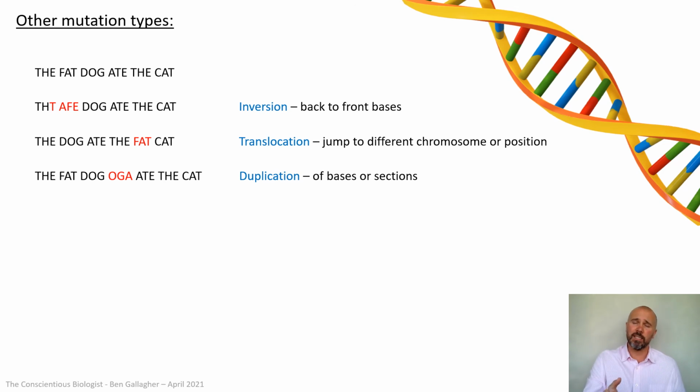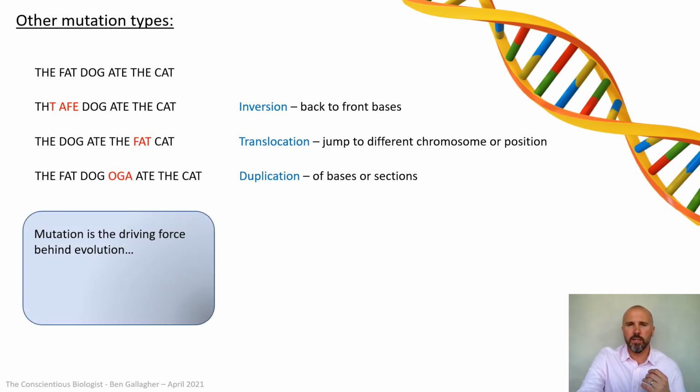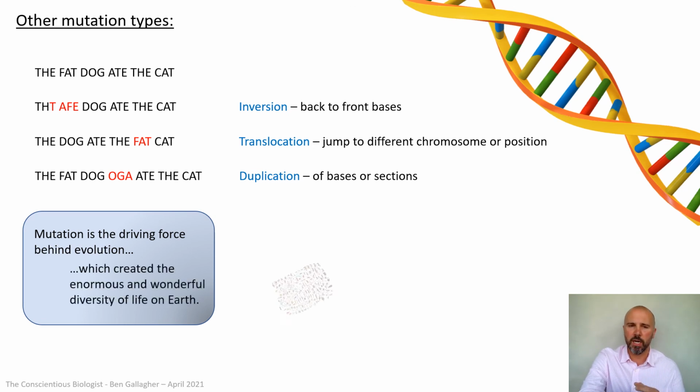But you need to understand how any of these six mutation types that we've talked about, that's substitution, deletion, addition, inversion, translocation, and duplication, can all impact on translation, which will affect the polypeptide sequence, how the polypeptide folds, and hence the end function.